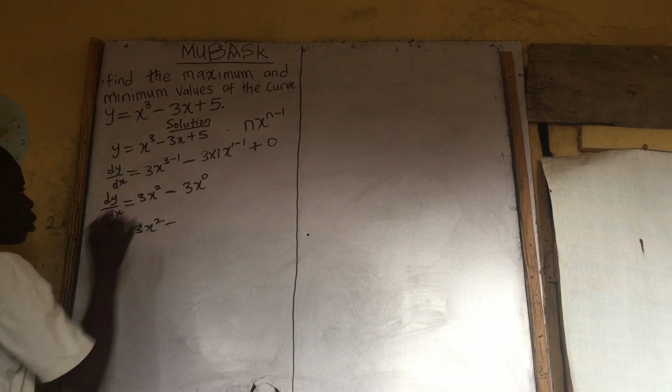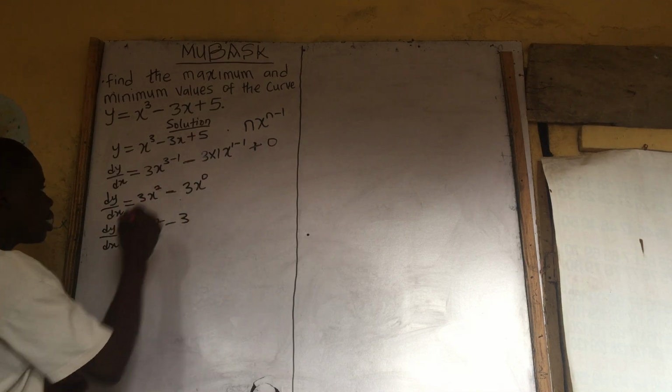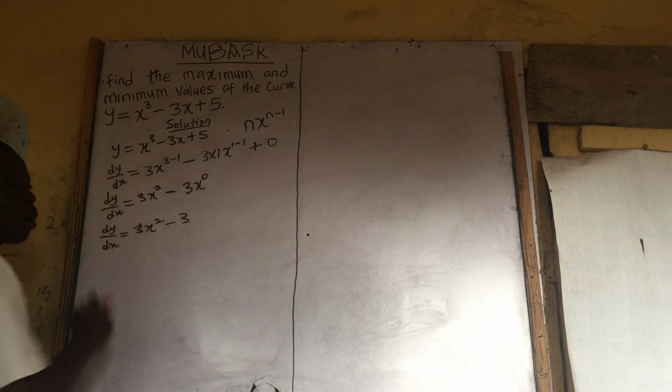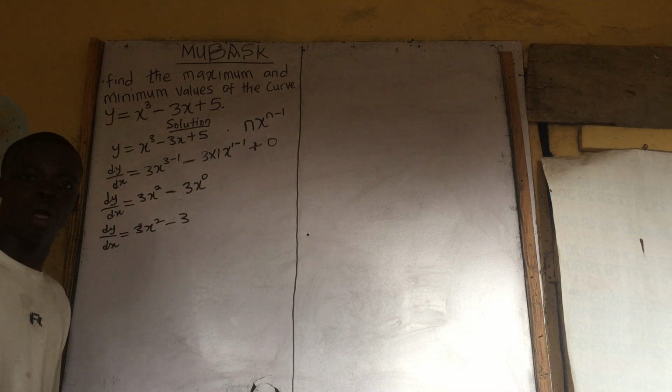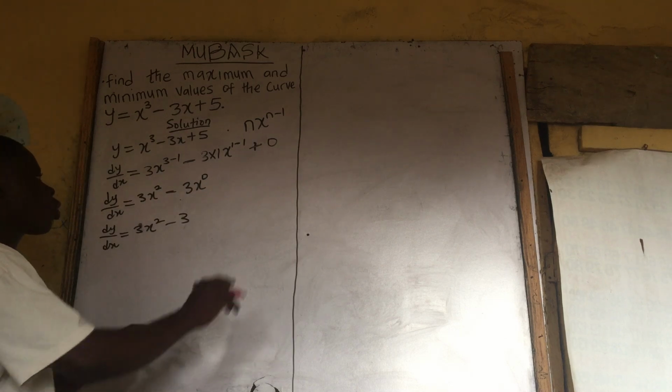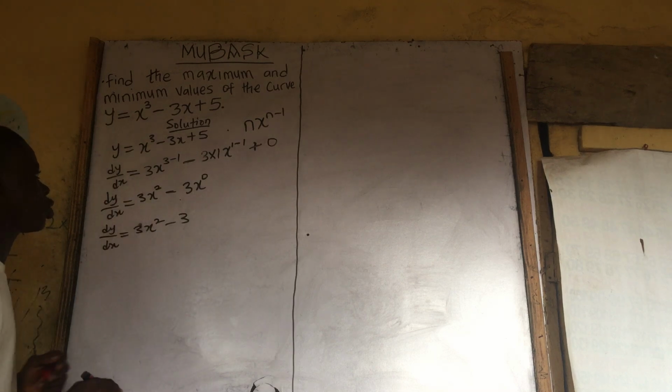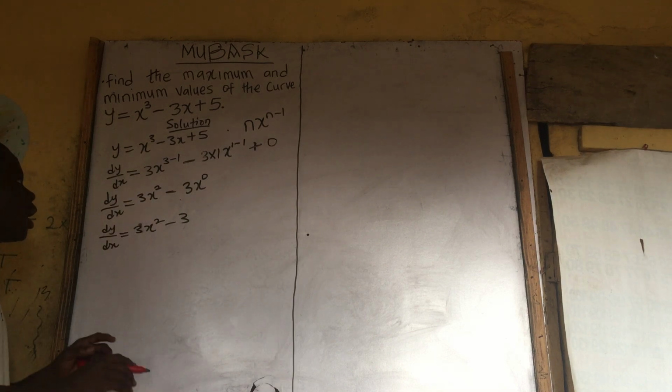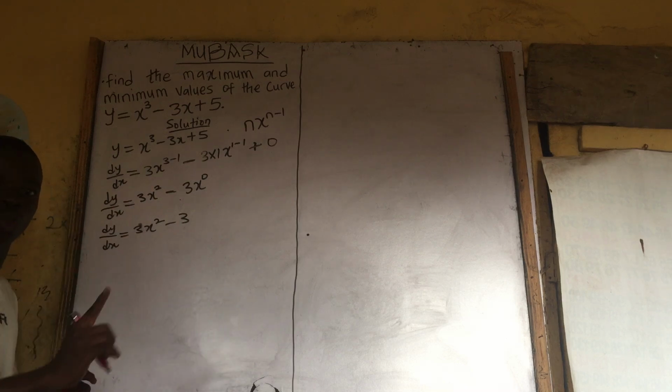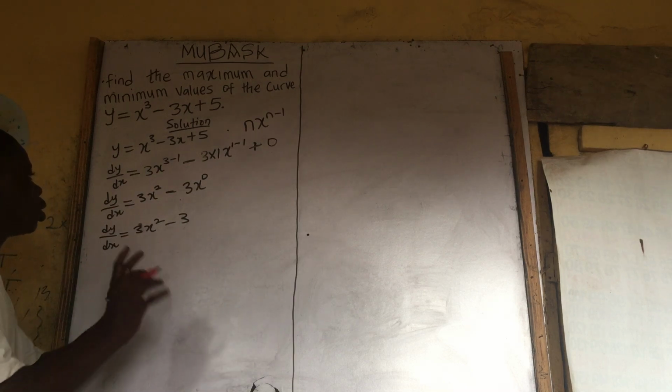Any number or value raised to power 0 is equal to 1, from the indices law.